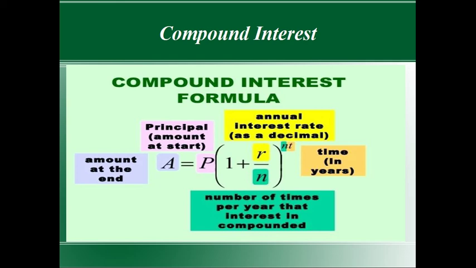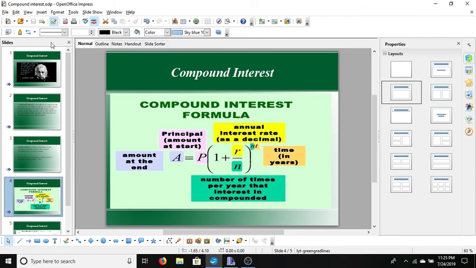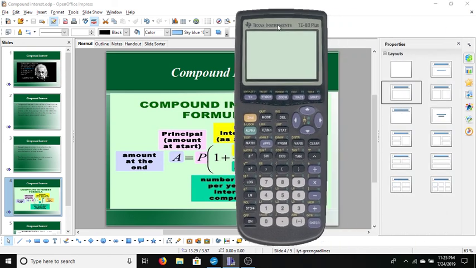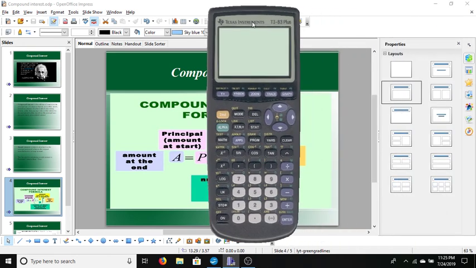Now, let's jump out of the presentation real quick and do some calculations using this Texas Instruments calculator. So let's say someone deposits $10,000 in the bank. And let's just assume they keep it there for 5 years.